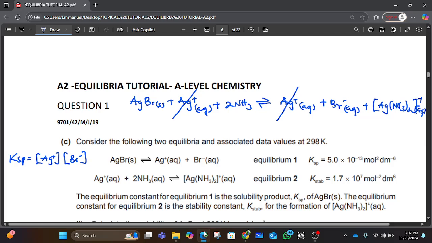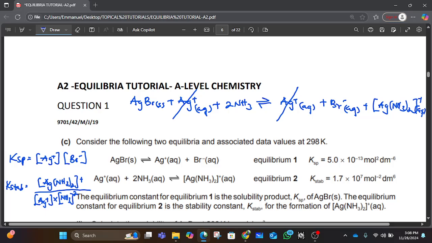The K star expression is gotten from equilibrium equation 2, and so K star is given as concentration of Ag(NH3)2 plus divided by concentration of Ag plus times concentration of NH3 squared.